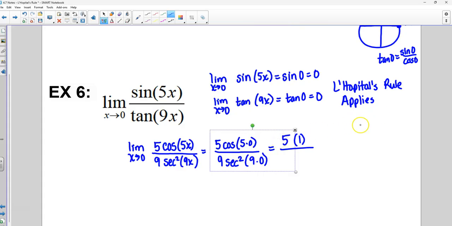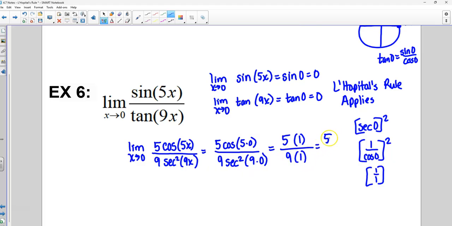Now secant of 0 squared is what we're looking at here. Secant is 1 over cosine of 0. What is cosine of 0? 1. So 1 over 1 squared, all of that still equals 1, right? So we get 9 times 1, and we get 5/9 for our answer.